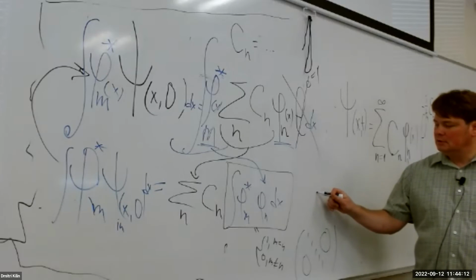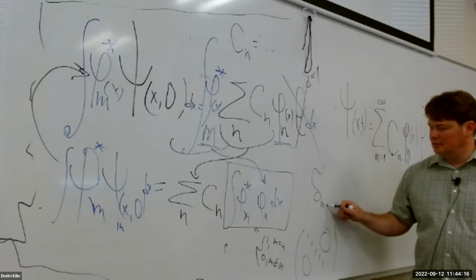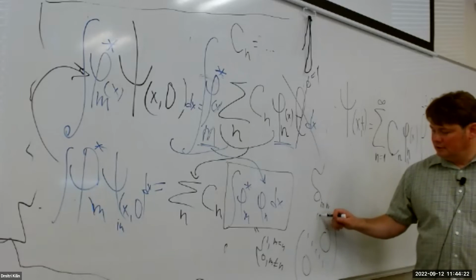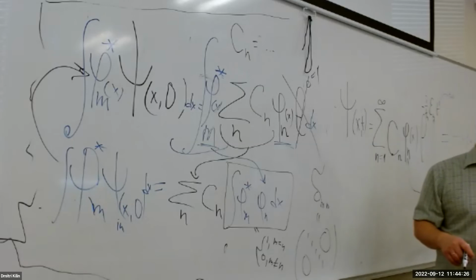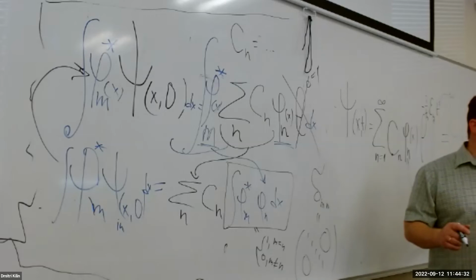So if one uses letter delta and puts here mn, did you see it before? It's a delta function. There are 2 delta functions, one Dirac and another is Kronecker. So Kronecker delta, discrete delta.